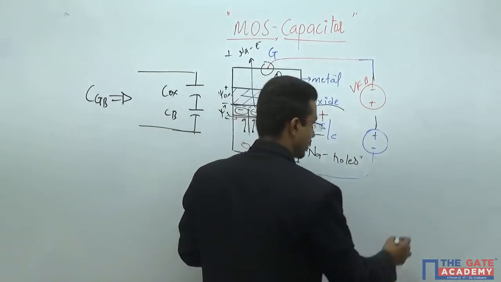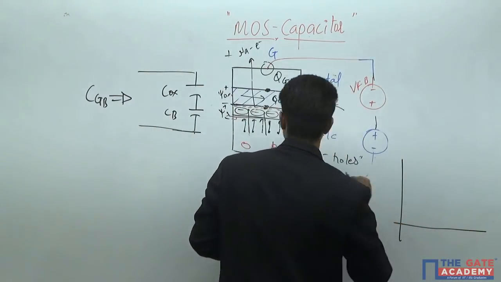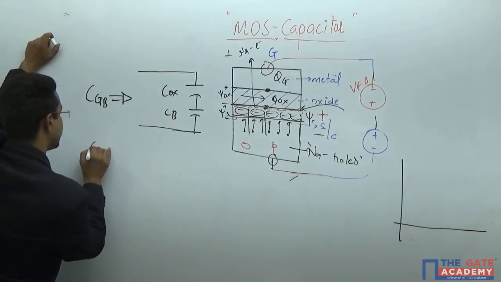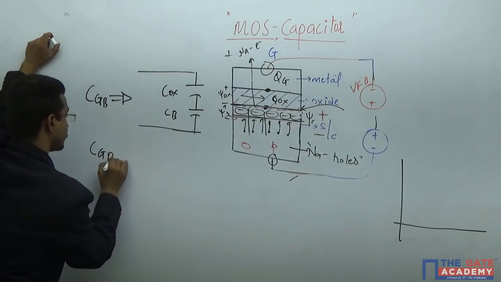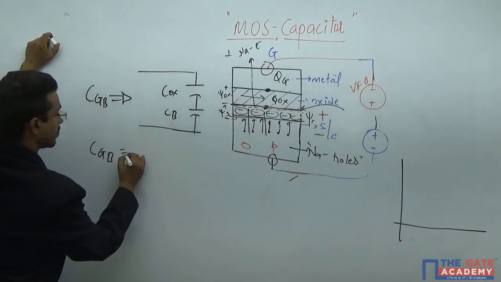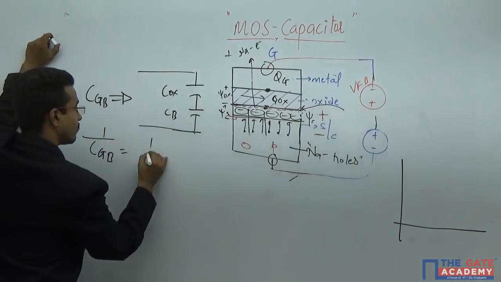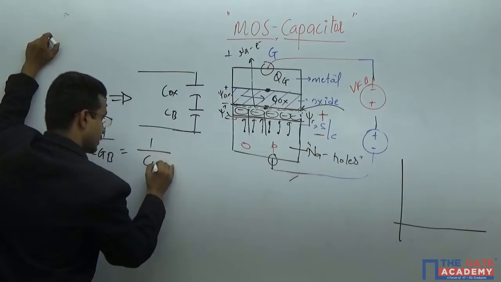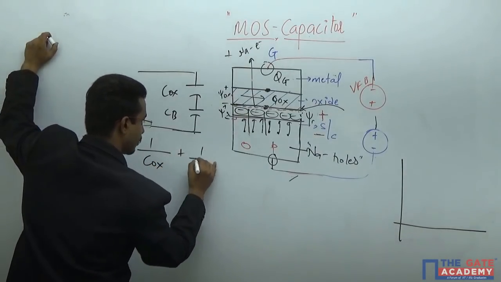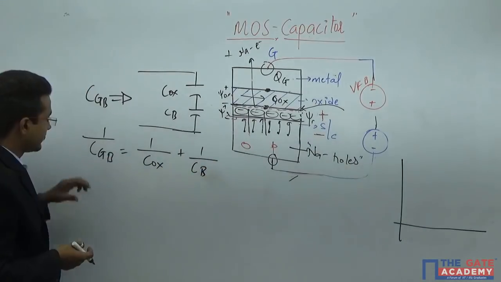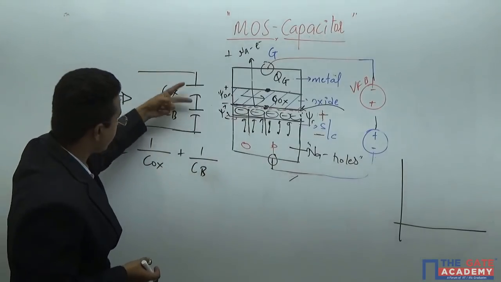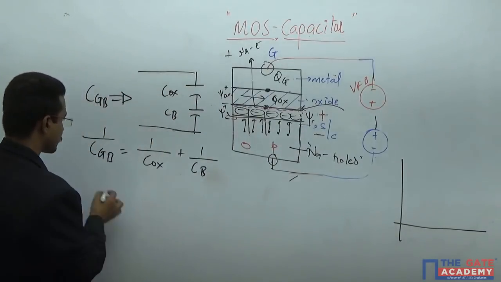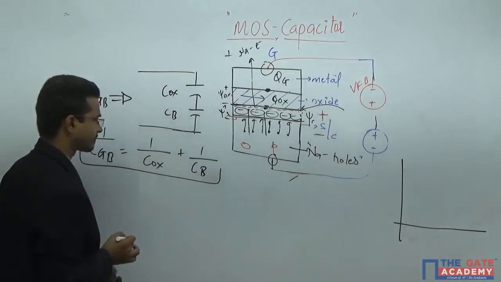So, firstly I am writing here, the CGB is equal to 1 upon COX plus 1 upon C. That is, if the capacitances are in series, this is the relation of series capacitances.